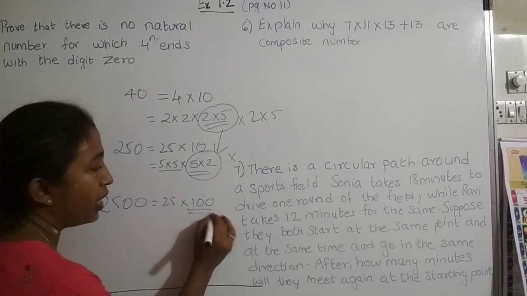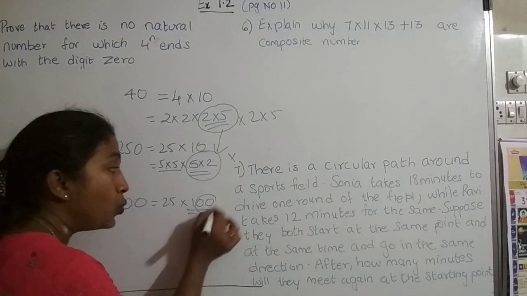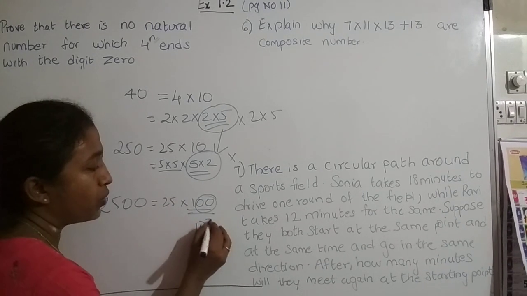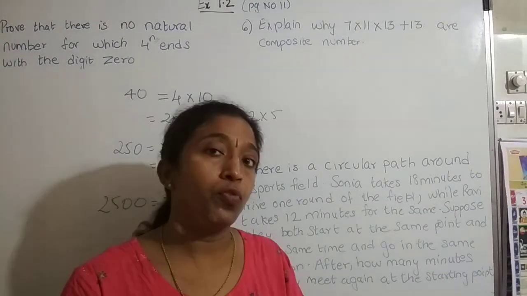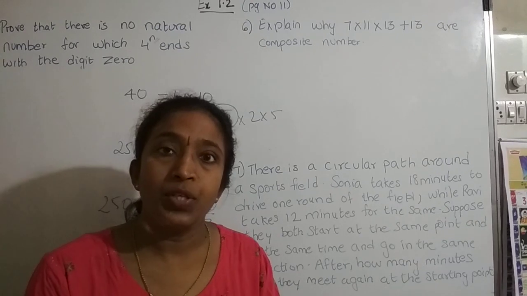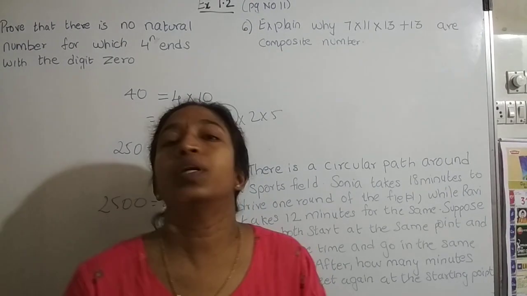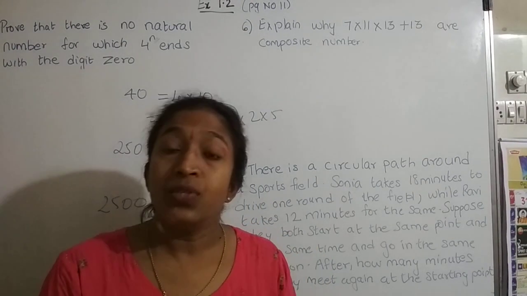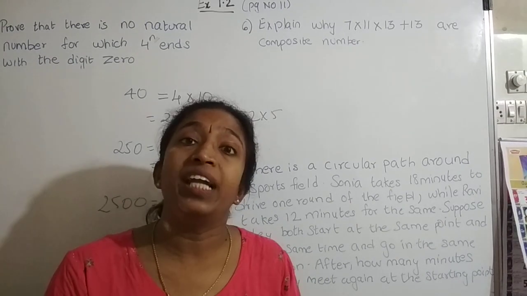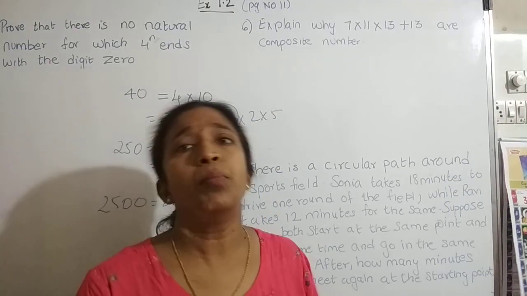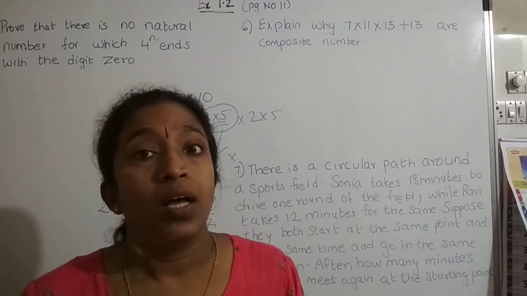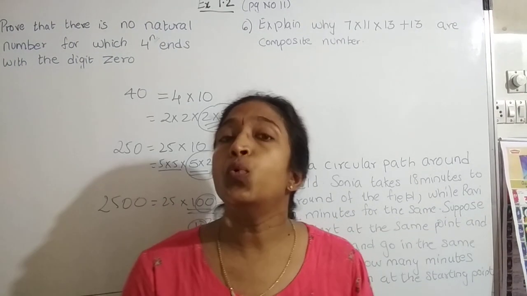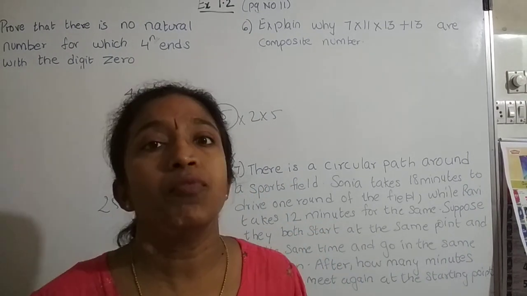If the number has to end with 2 zeros, then I should have 10 square. That means I should have 2 into 5, 2 into 5, so I should have 2 two times, 5 two times, and vice versa. Correct? So this is the condition for the number to end with 0. For any number to end with 0, it must have 2 and 5 as prime factors.